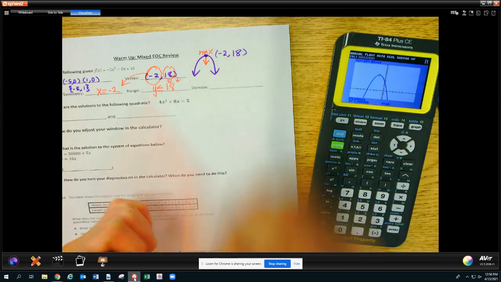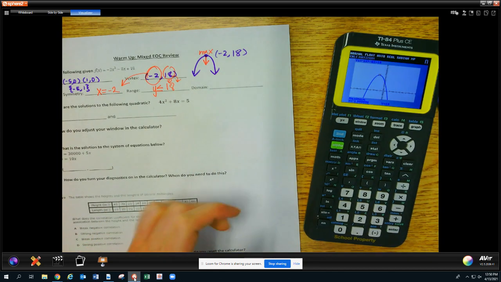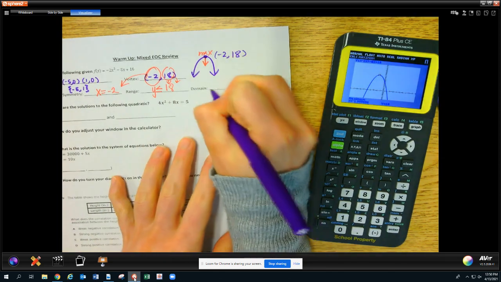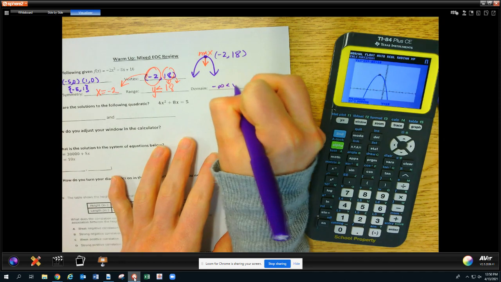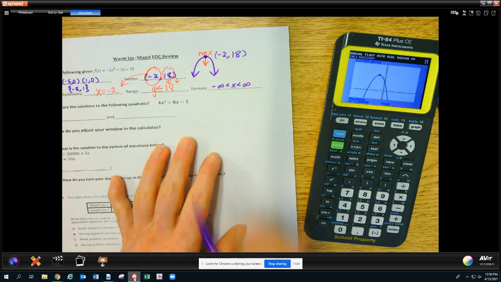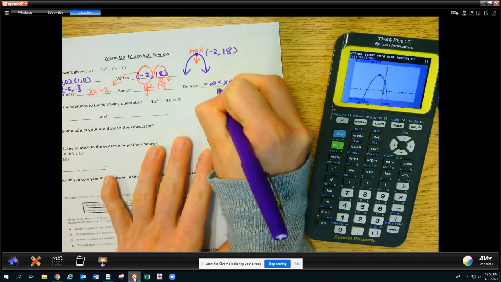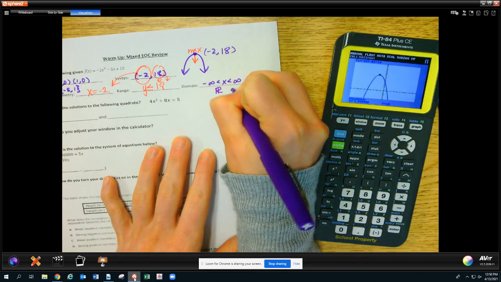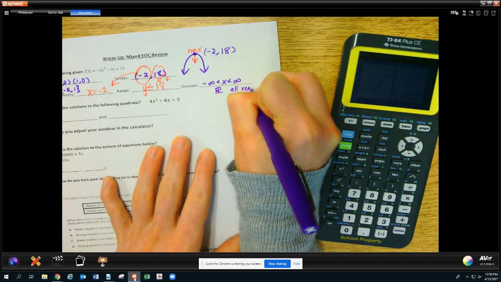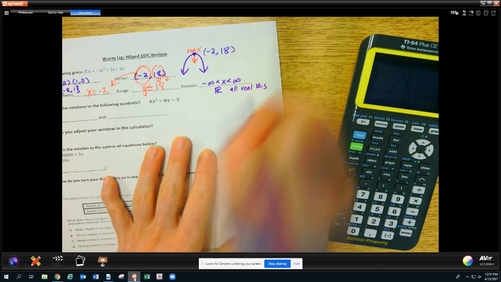The 18 goes with the range. Domain is all real numbers all the time. We can say that using infinities, negative infinity to positive infinity, or we can use the fancy R, or we can use our words, all real numbers.